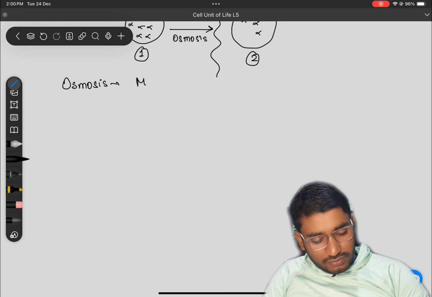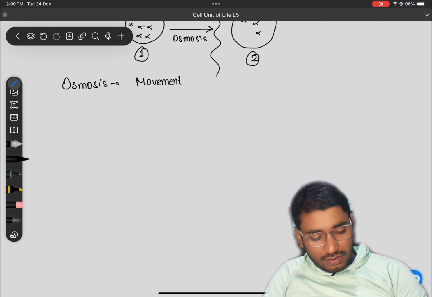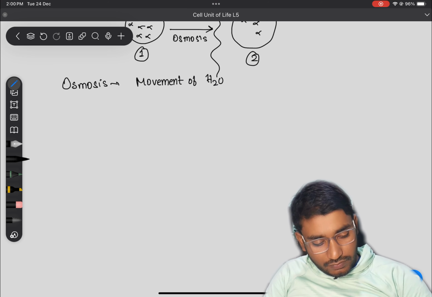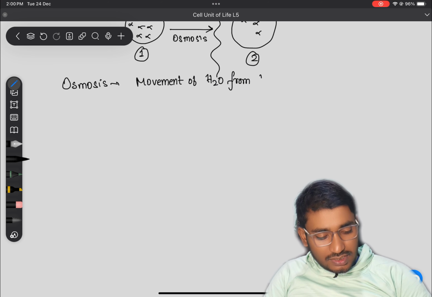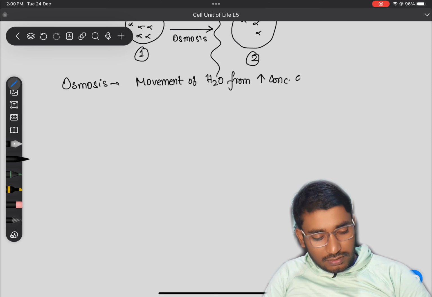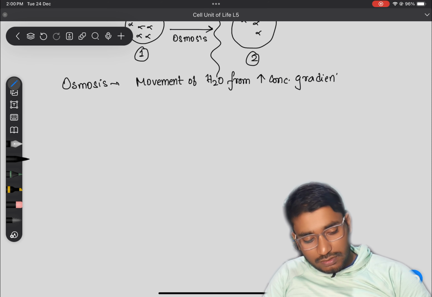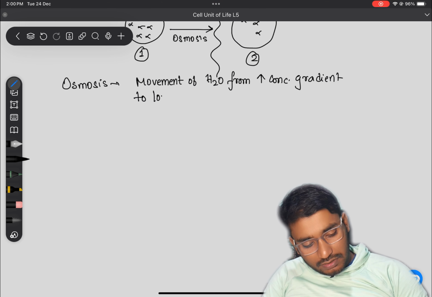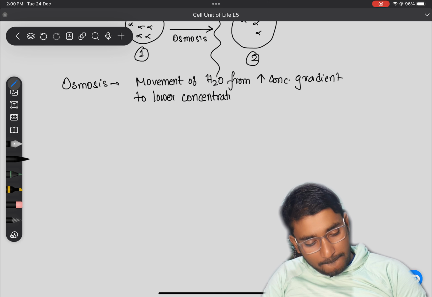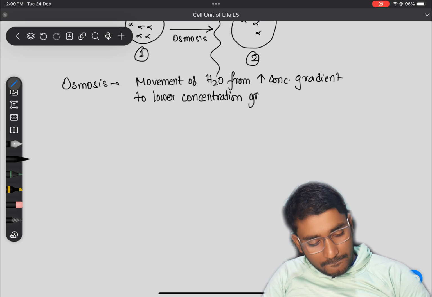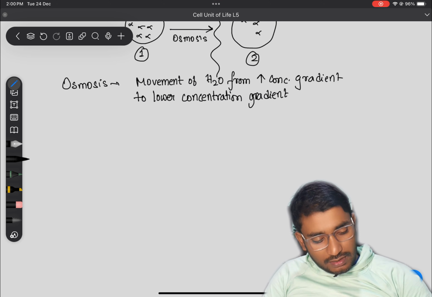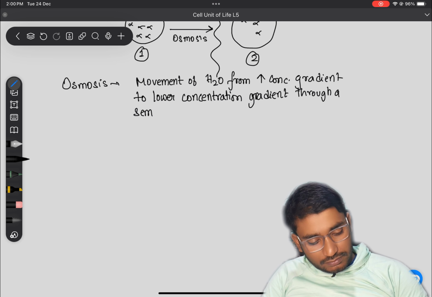Osmosis: movement of H2O from higher concentration gradient to lower concentration gradient through a semi-permeable membrane.